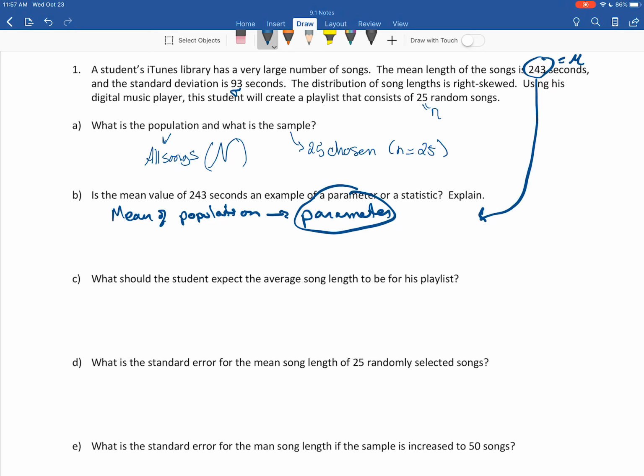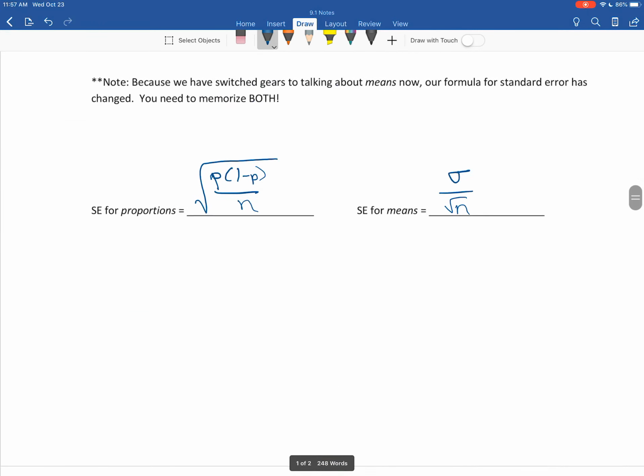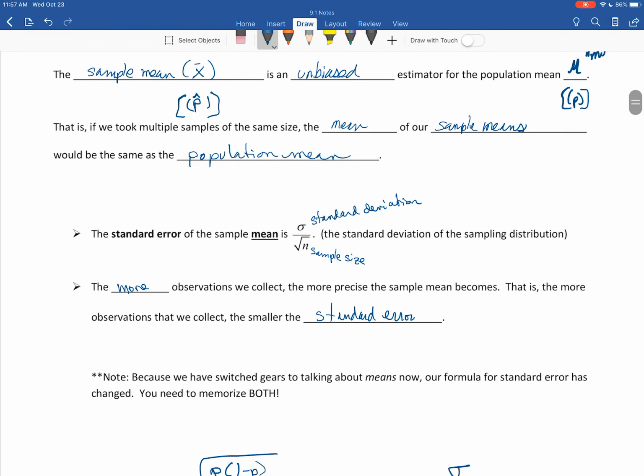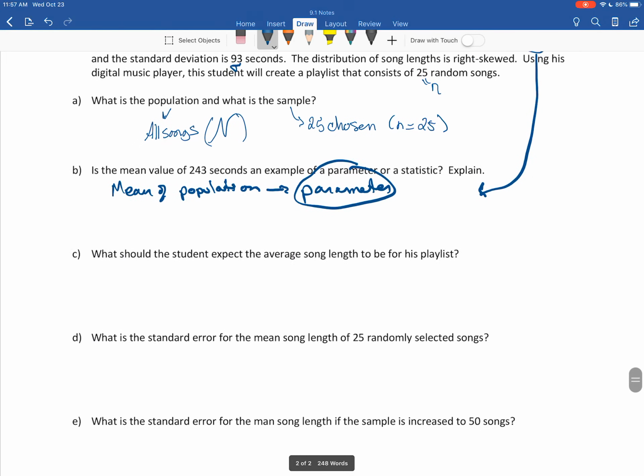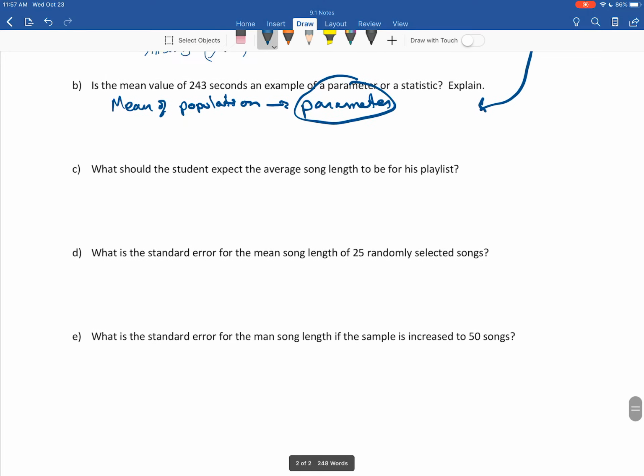Okay, when they take this 25 sample, it says, what should the student expect the average song length to be for his playlist? So that's where we go back to what we talked about in video number 1, where the mean of your sample means should be the same as your population mean. So if he takes a sample, we expect that average to be the same as the overall average.